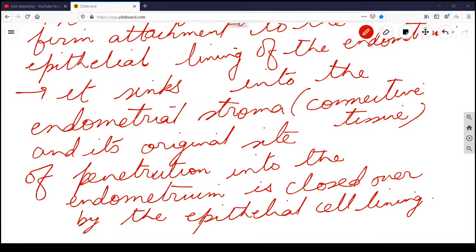Just hold on, I'll show you the image, how this occurs. You might not have seen this image ever.